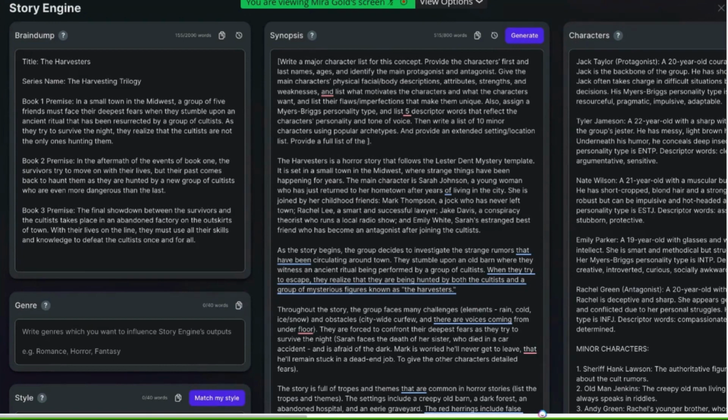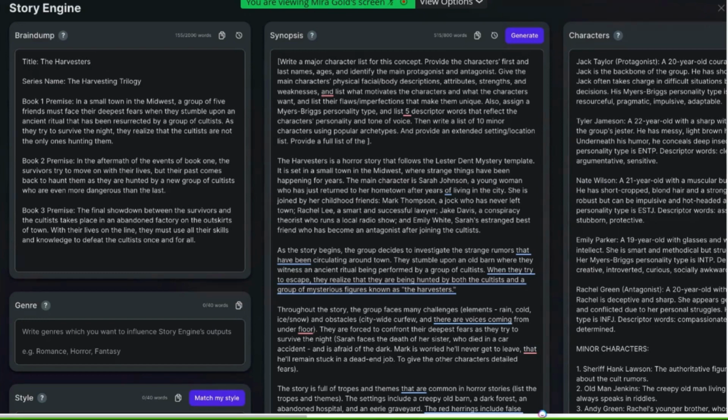All that information would go into your brain dump, and you could leave it there, because later in the process some of the cards will pull from the brain dump, but not all of them.